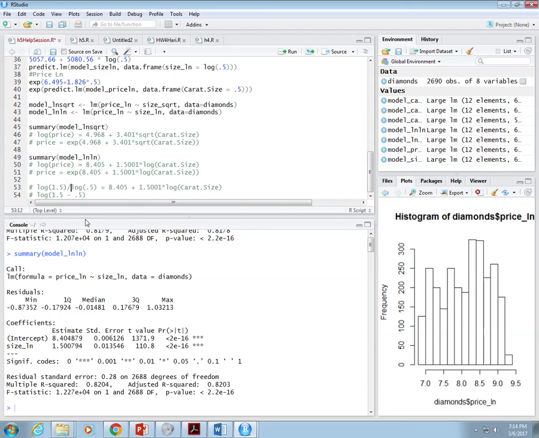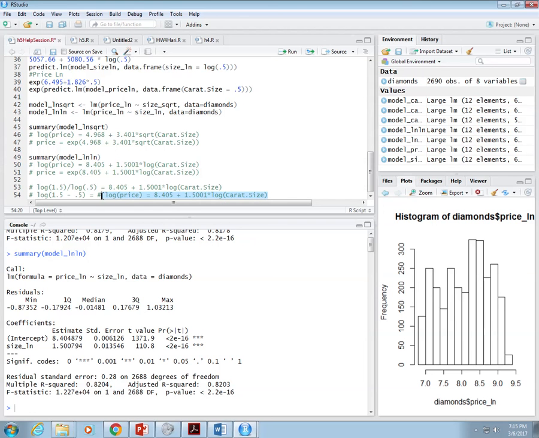These two are equivalent. And so that's going to be this from before times this after.